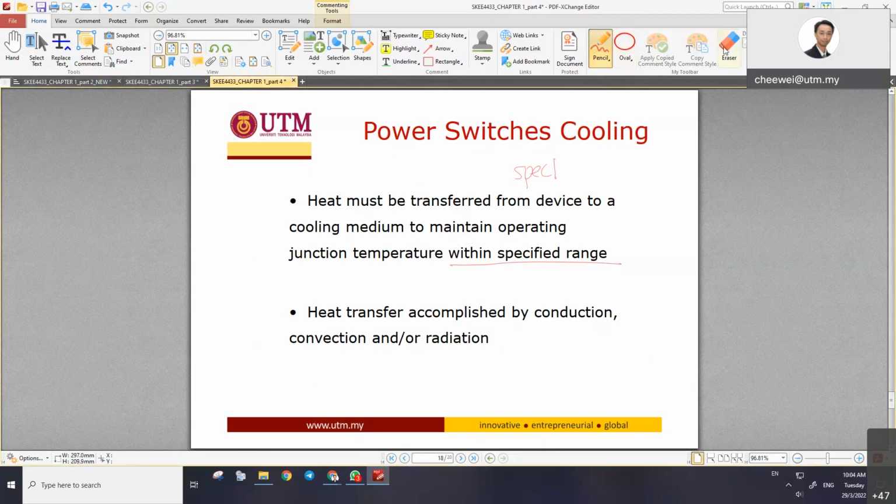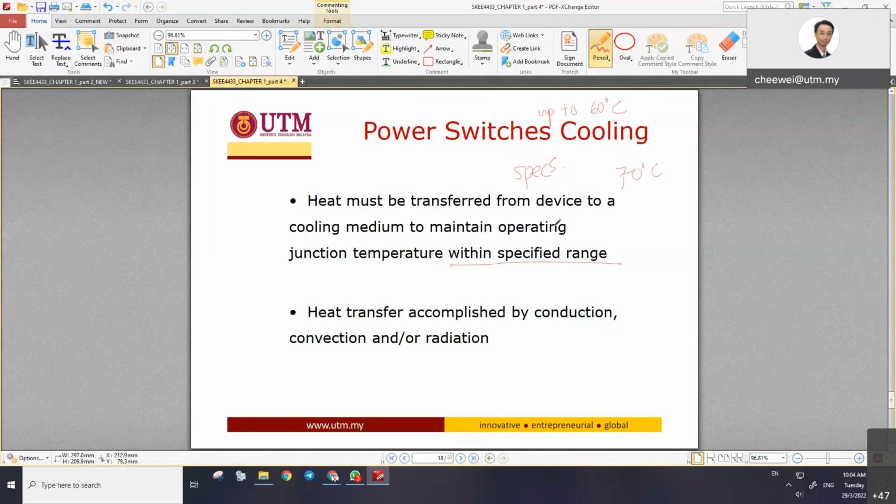Specs. So if I say you buy a switch that can operate up to 60 degrees C, but you don't have this cooling system, the heat will accumulate and the temperature will rise to 70 degrees C, then you use it for a few days, and it is already damaged.